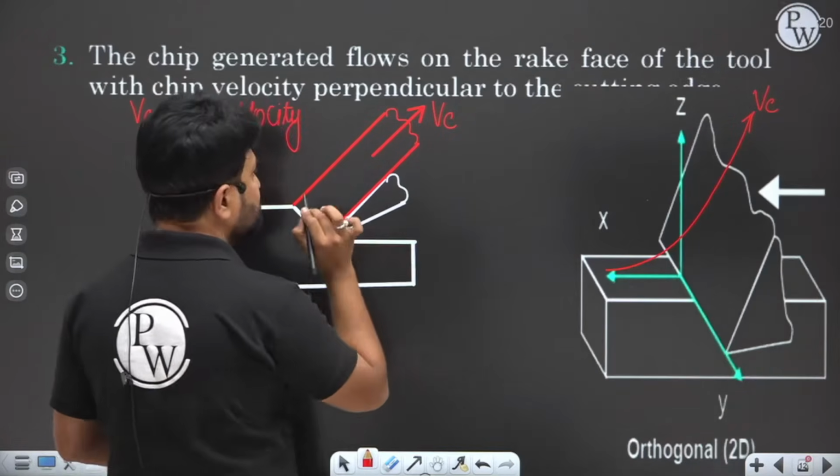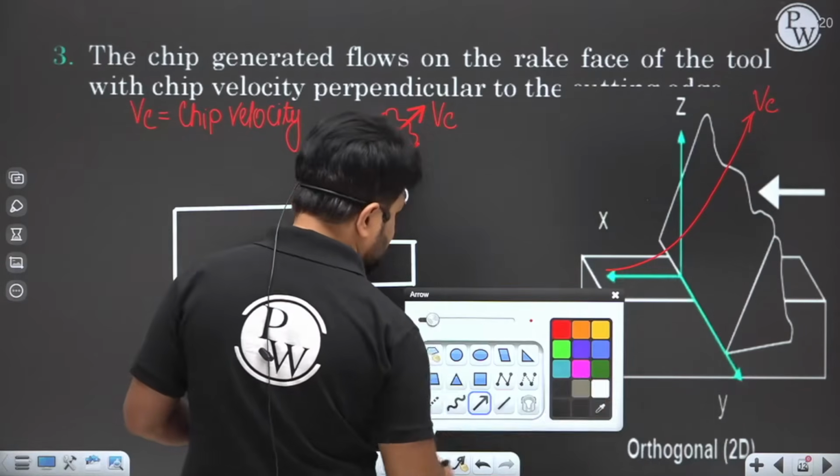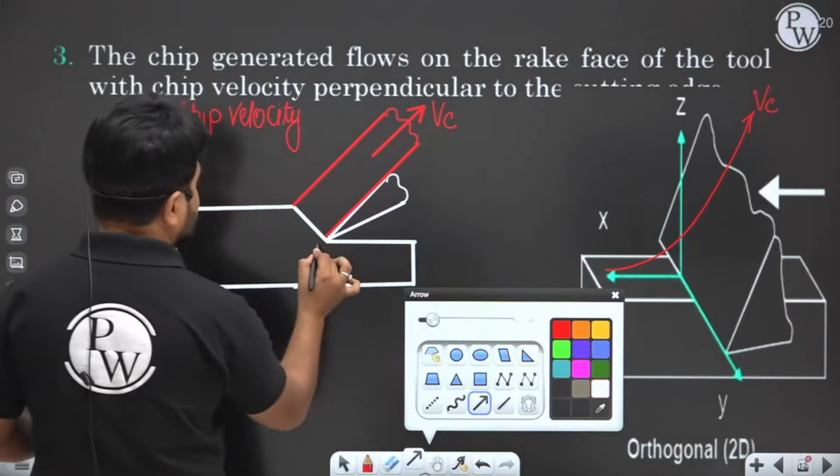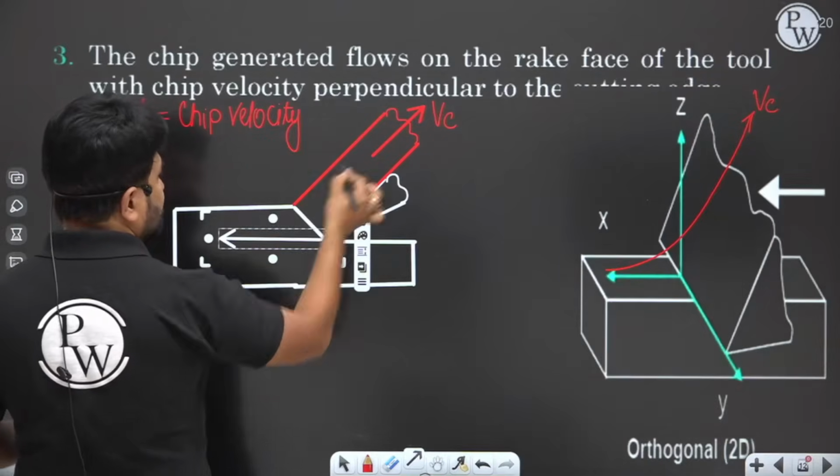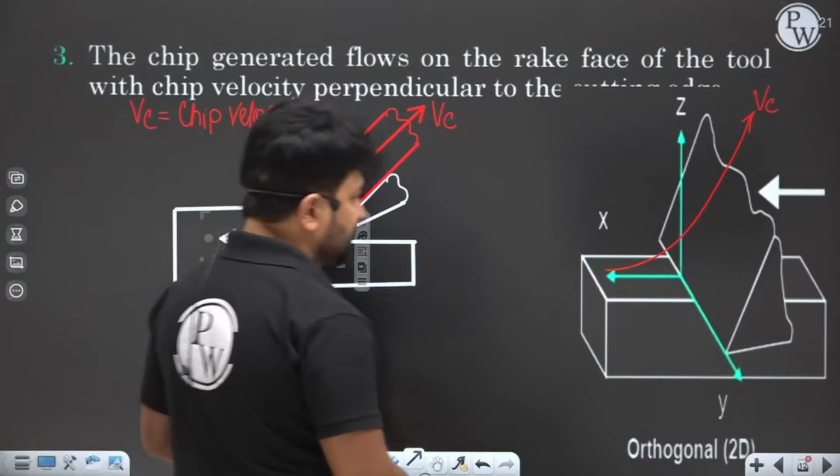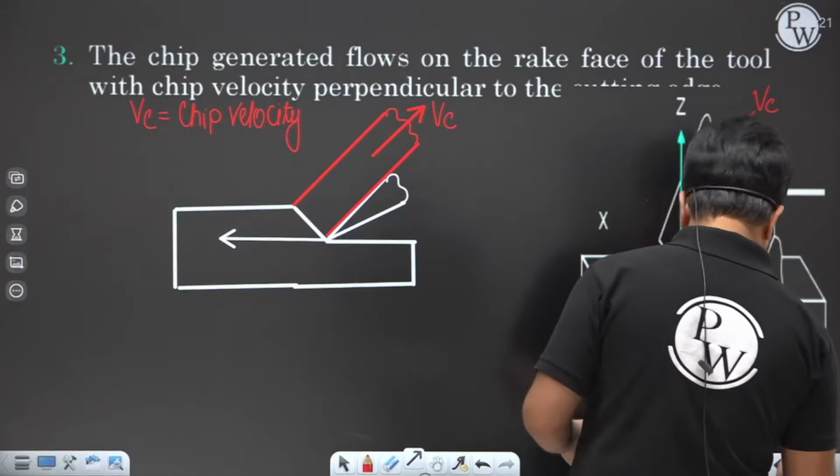That VC should be perpendicular to the cutting edge.